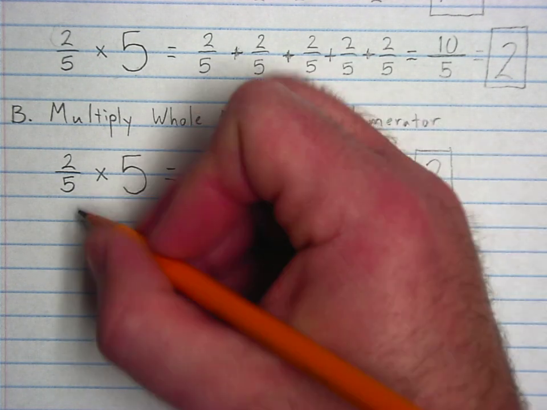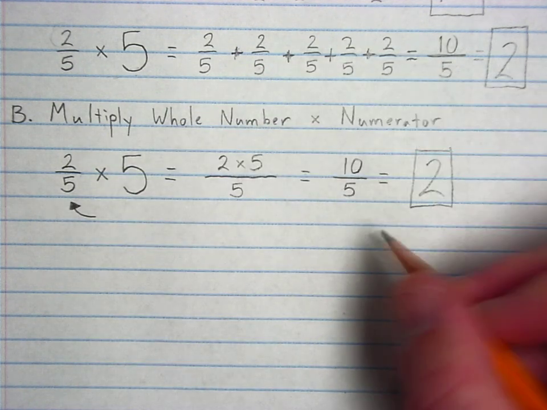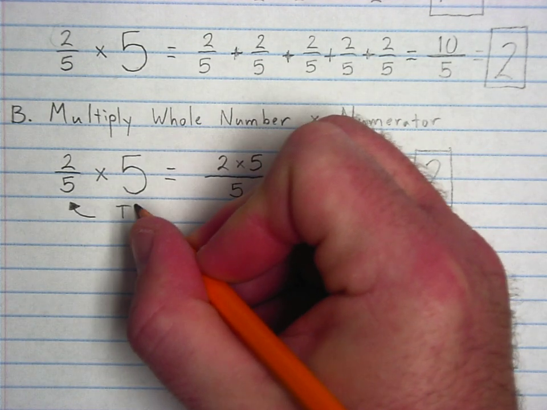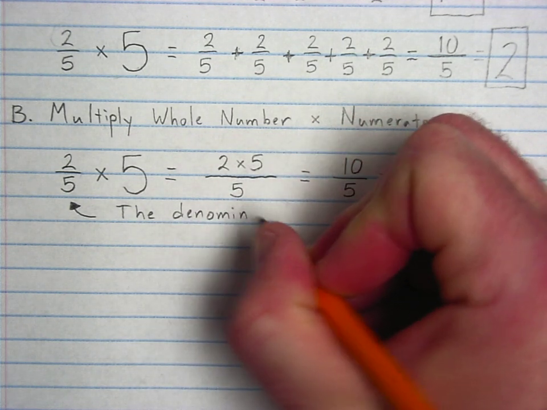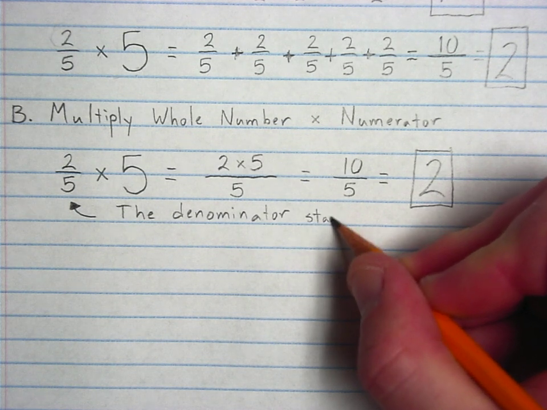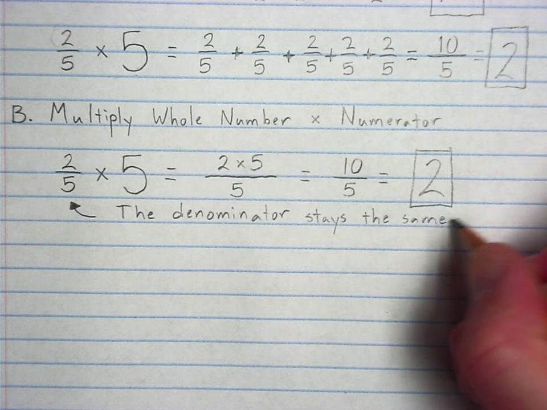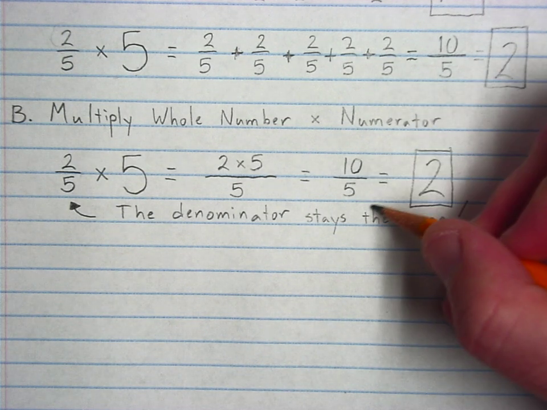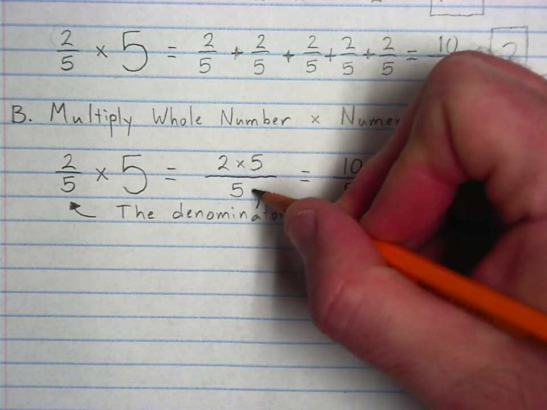I'm going to put a note here. I'm going to put some arrows. The denominator stays the same. We're going to talk about that more later when we start multiplying fractions times fractions.